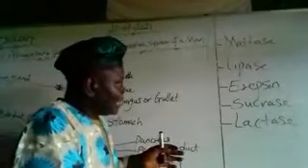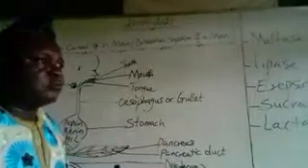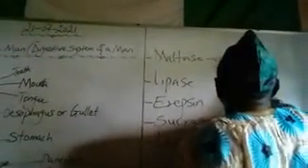These enzymes have their functions to perform. The first one, maltase, converts maltose to glucose.